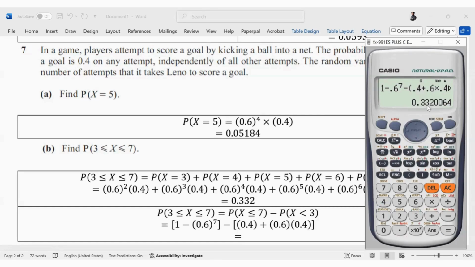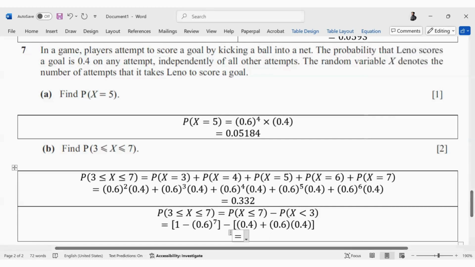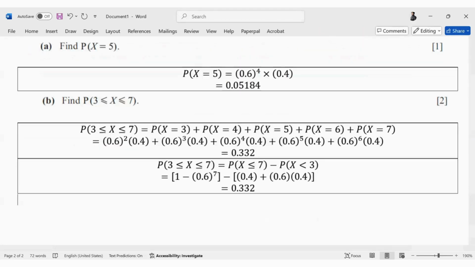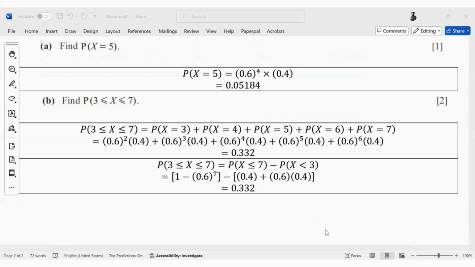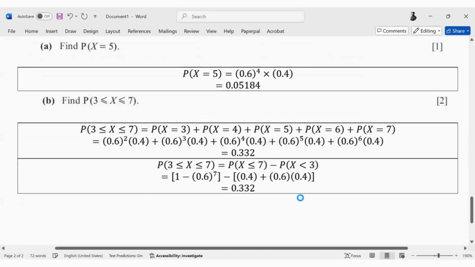See, we get the same answer, 0.332. So by subtracting from 1 we have found that too. So these are the first 2 parts of this question. We get to approximation. I hope this becomes a good revision point for you.